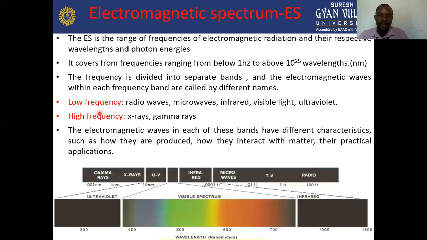We have the higher frequencies. Higher frequencies are known to travel further distances, and the photon energy they possess is very high. So they are able to penetrate through matter and get into the substance. In that case, we have two types, that is the X-rays and gamma.